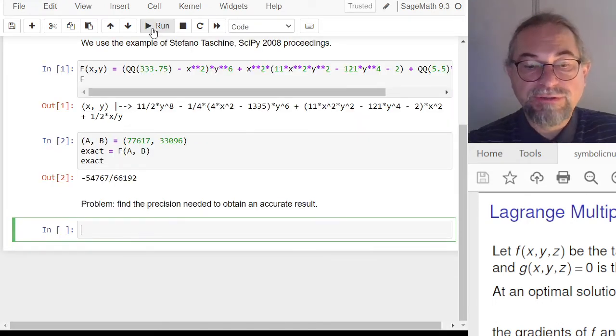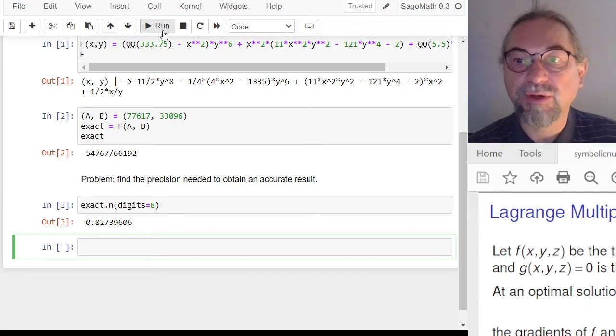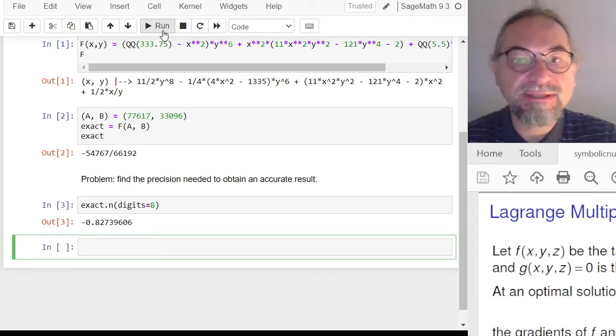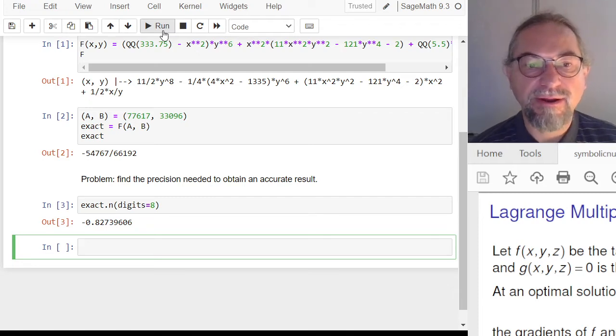Let me first see what is the exact value and what is an approximation. I can take this rational number and evaluate it to 8 decimal places. Suppose that we want 8 decimal places, then we need to find something that starts with minus 0.82.